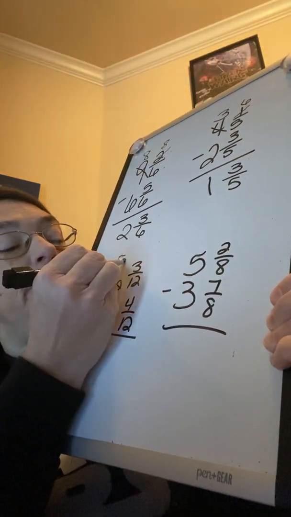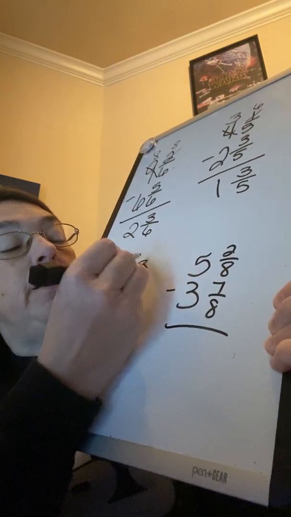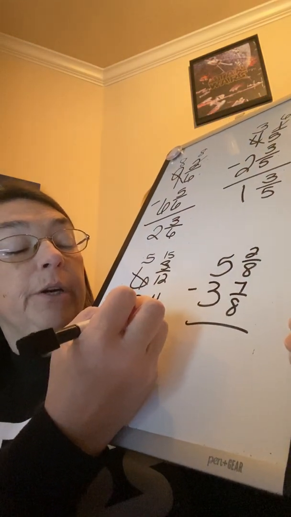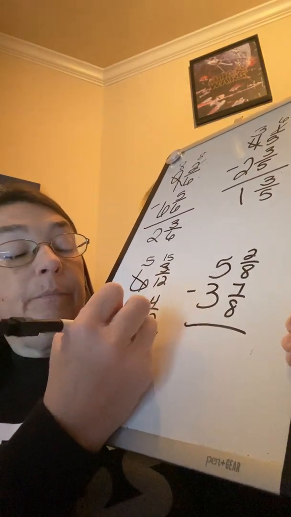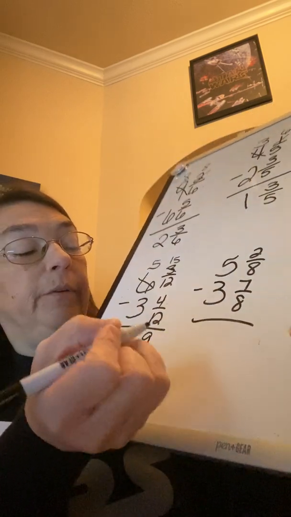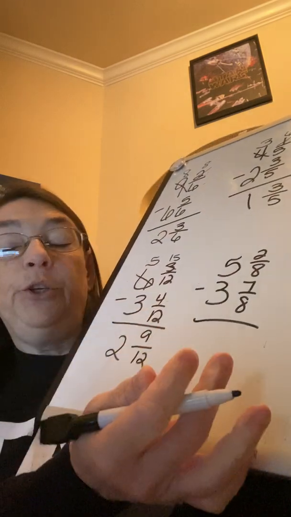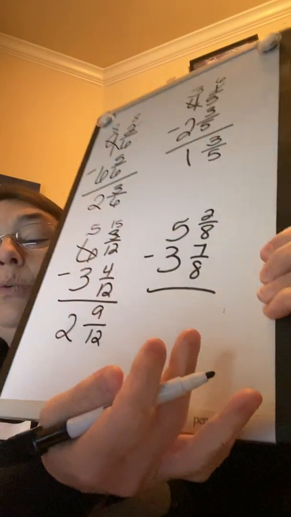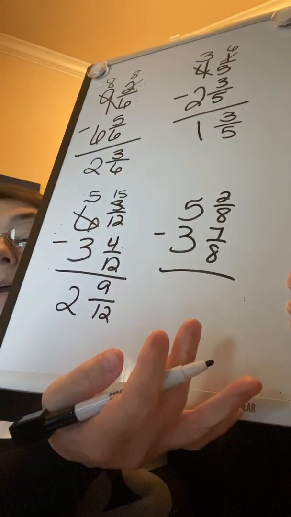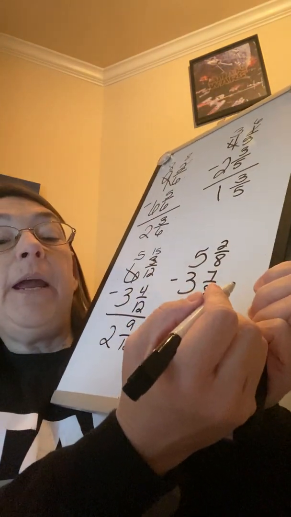It becomes a 5. I add 12 to that 3. That becomes a 15. 15 minus 4 is 9 over 12. 5 minus 3 is 2. So I get 2 and 9/12. All right, number 8.